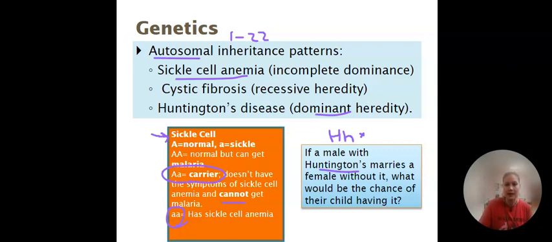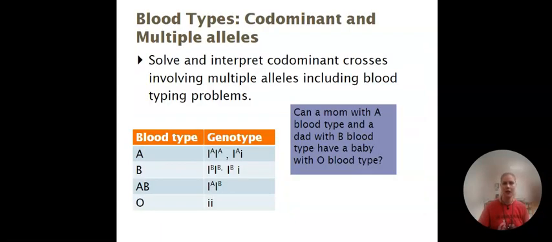But then he marries a female who does not have Huntington's. Okay, so what would be the likelihood of them having a child that does have Huntington's? So that would be at least 50% of them having a child that would also have Huntington's. So that's an example of a type of question that you could see about genetics and inheritance patterns.